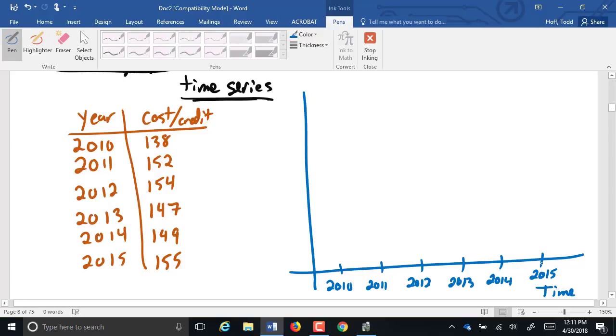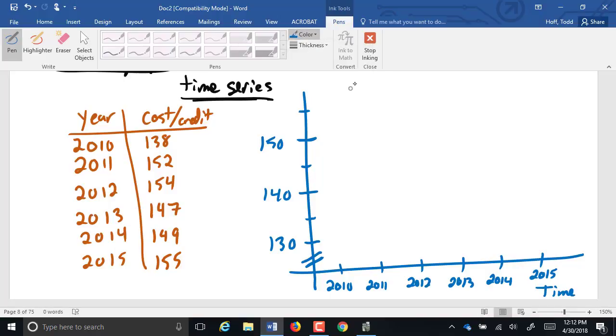Now here, because we are comparing, I am going to cut off my axis. So that little symbol means my axis does not continuously go from 0 on up. The smallest number I'm going to represent is 138. So let's start out at 130, 135, 140, 145, 150, 155. So that's the largest number I need to represent is the 155.